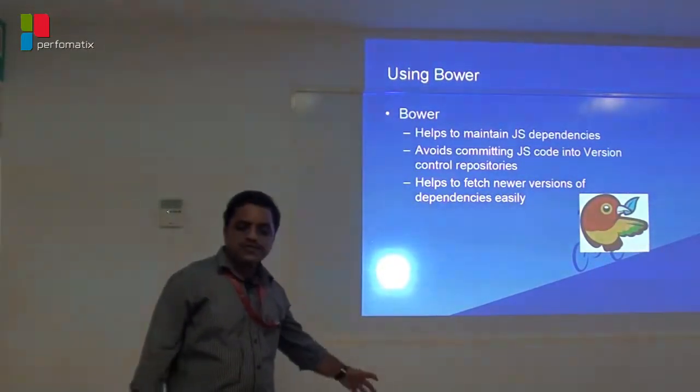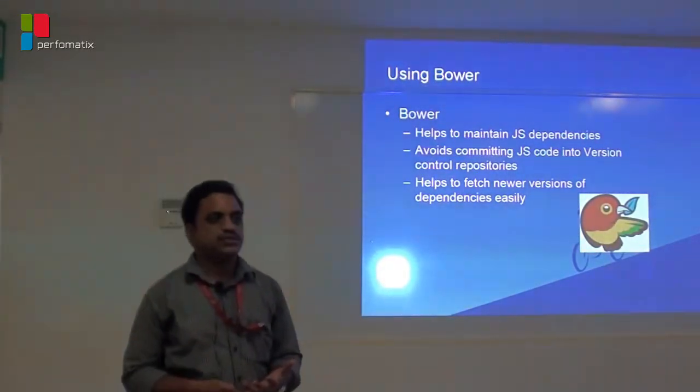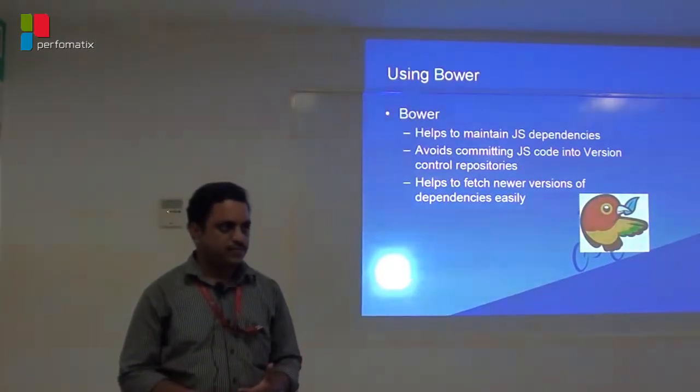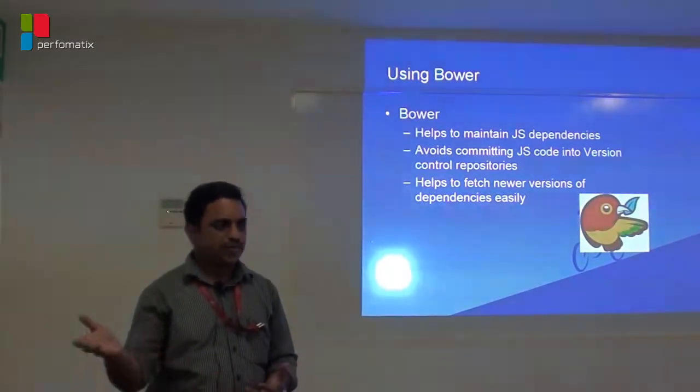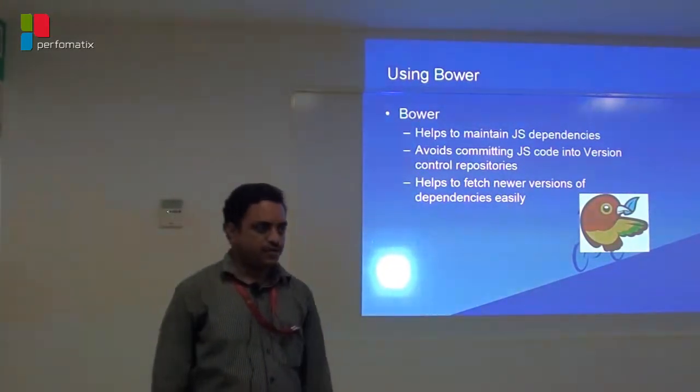And again, one advantage of Bower is that you can automatically download a new version of whatever dependencies you have. So we have actually started Bower with most of the projects that we are having now.